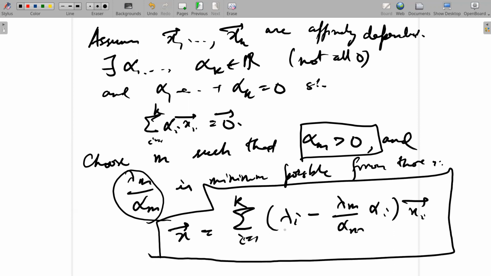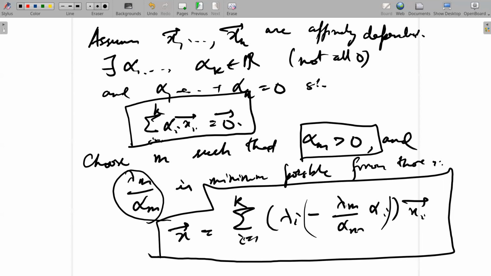Simply because, if you forget about this term, negative lambda m over alpha m, then you know that x is equal to the summation i equals 1 to k of lambda i xi. But here, when you look at this term, summation alpha i xi, this is precisely where we use the fact that the xi's are linearly dependent. And lambda m over alpha m is just a fixed constant.